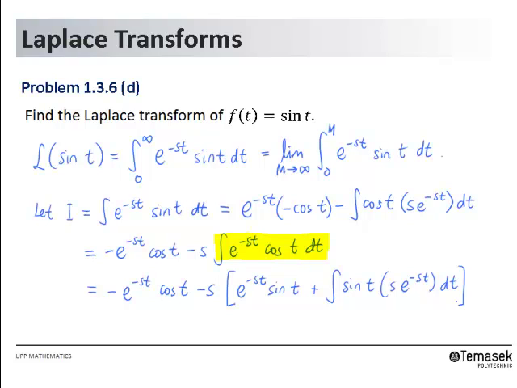If you notice the expression inside the square brackets, we have a similar integral as what we started with, the integral of exponential negative st sine t dt. So I shall rewrite this in terms of I as follows.